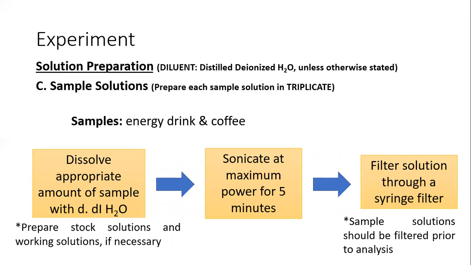For the sample solutions naman, your samples would be either an energy drink or coffee. Okay? So kung coffee yon, you need to dissolve it with the appropriate amount of distilled deionized water. And then afterwards, you need to sonicate it at maximum power for 5 minutes.